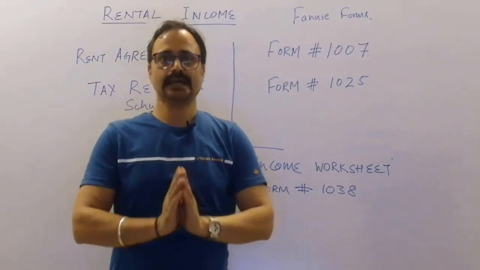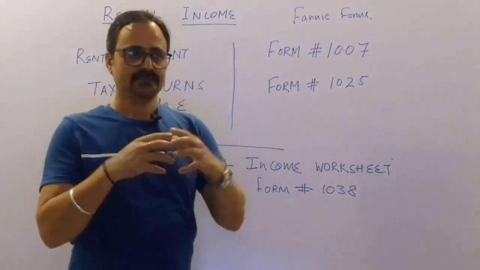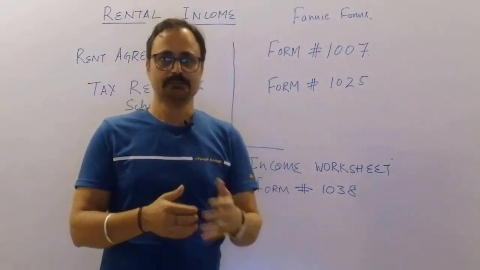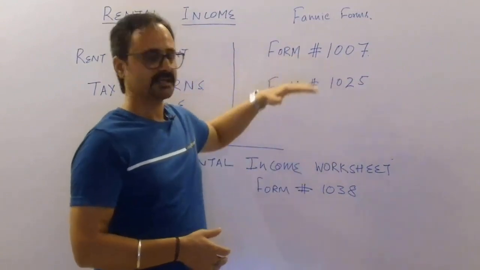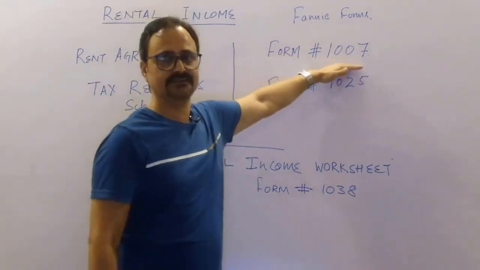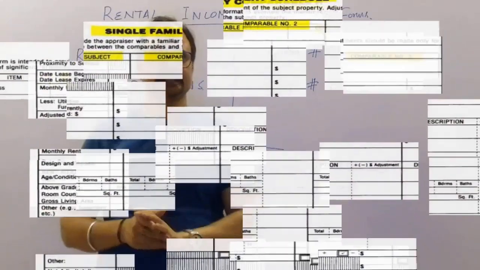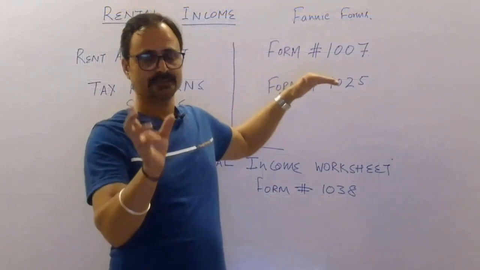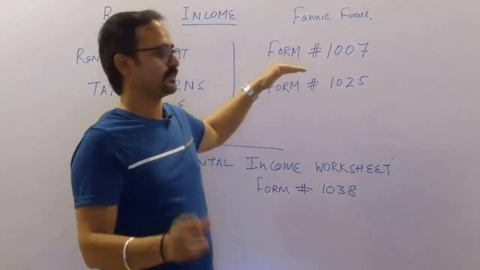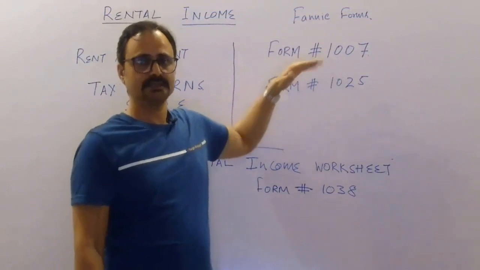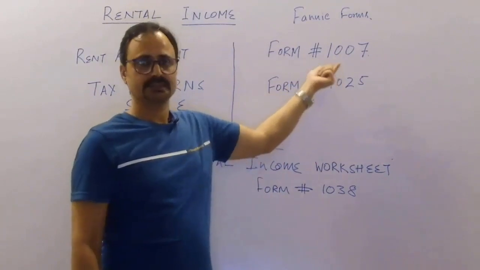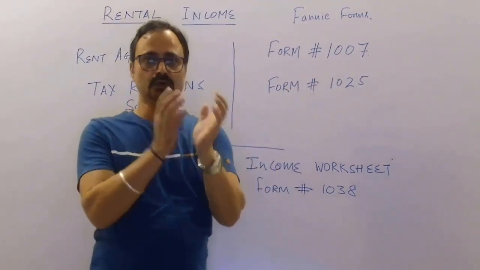But Fannie Mae has made an arrangement. If I am purchasing a single family residence and the appraisal is being done on 1004, I can attach this additional form 1007. It is a rent comparison schedule, meaning the appraiser is going to find similar properties, with a similar structure, similar bedrooms and number of rooms, to our subject property, and write down how much rent those properties are earning.